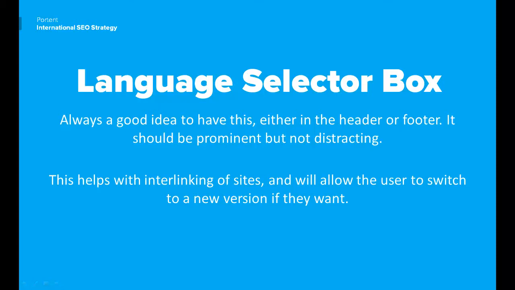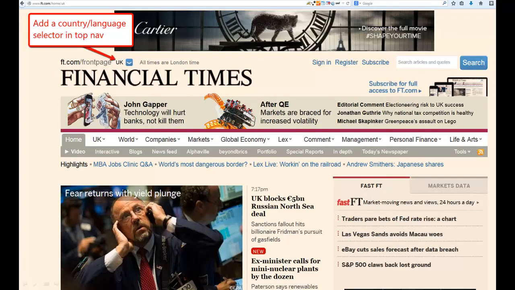This is a good idea because it can allow the user, if they do want to switch to a different version, to do that manually. And it also helps with the interlinking of sites, so you make sure that all versions of your site are accessible to search engines and to users. The FT.com Financial Times, they've got a nice little language selector box. It doesn't have to be super obtrusive. It's just visible if you want to find it.